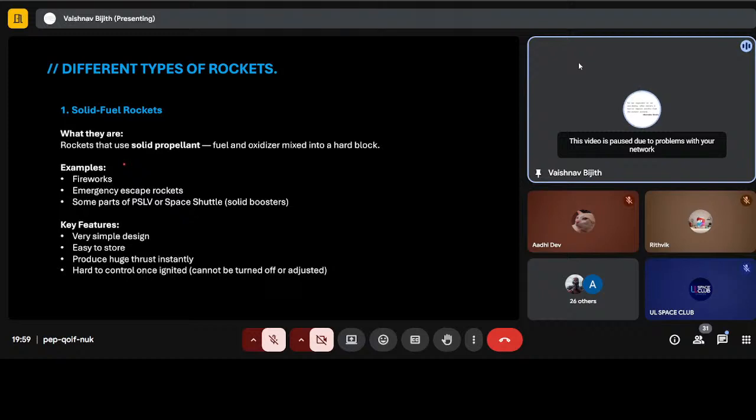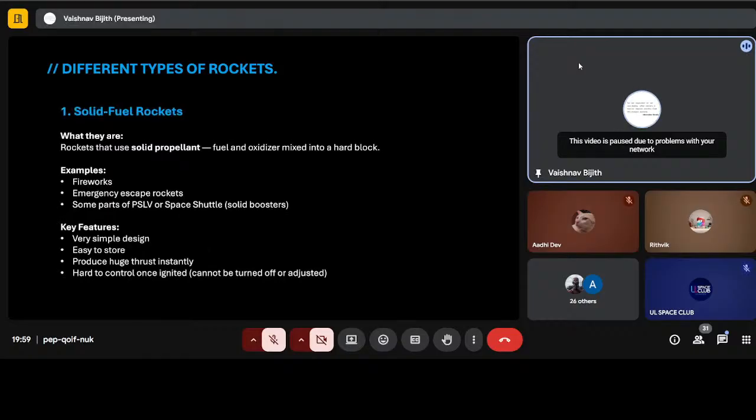It produces very huge thrust instantly, and you use a huge amount of fuel instantly. So that's a disadvantage of solid fuel rockets, because you end up using most of your fuel at an instant itself.